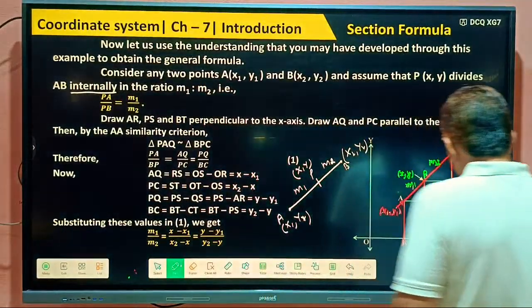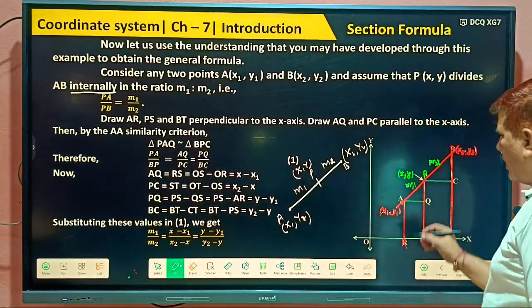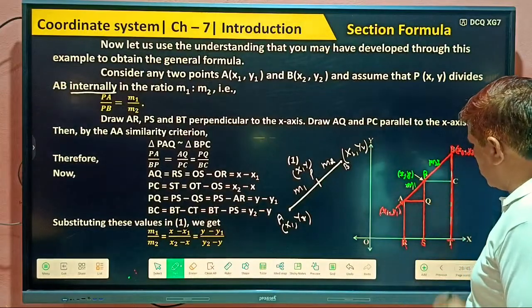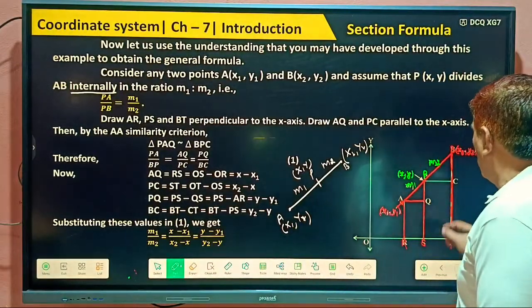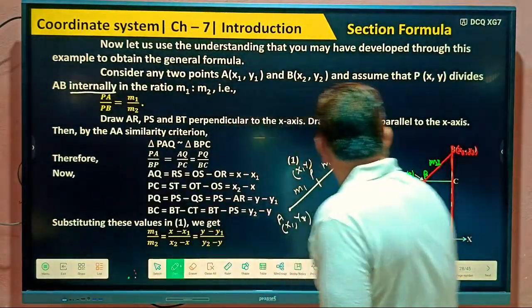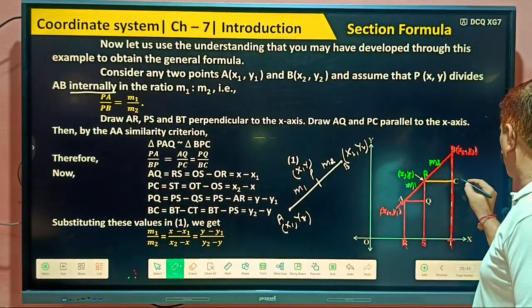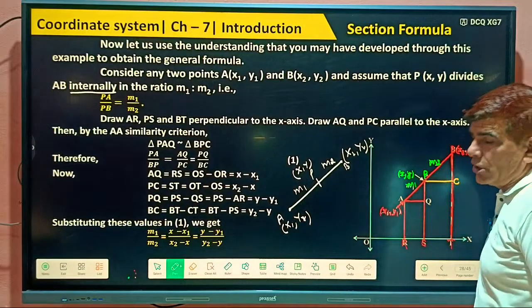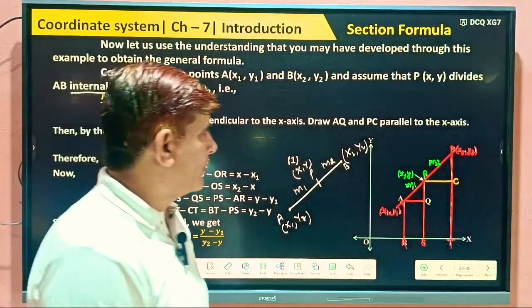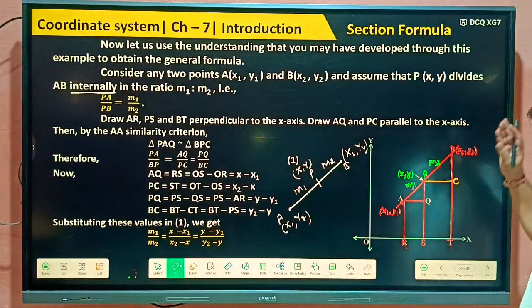Then we can draw AQ parallel to the x-axis, and PC, which is also parallel to the x-axis, or we can say PC is perpendicular to BT.